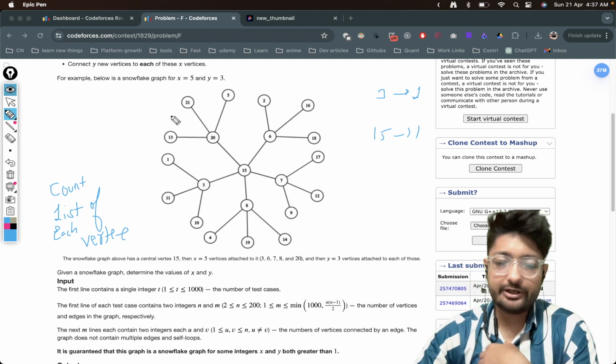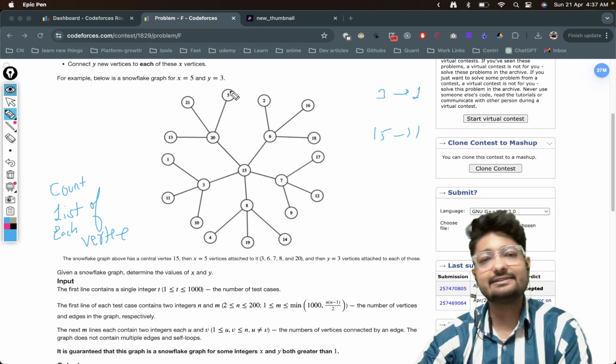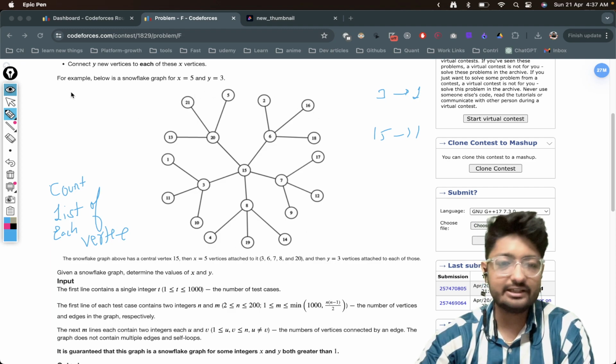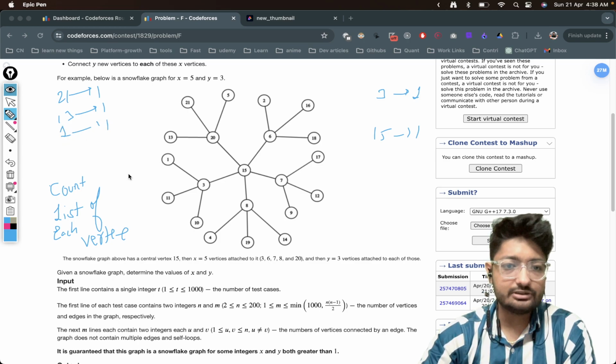Now, after that, you have to find how many vertices there are of each degree among all the lists. Let's say 21 is connected to one edge, 13 is connected to one edge, 1 is connected to one edge, 3 is connected to three edges, 15 is connected to five edges, and so on.